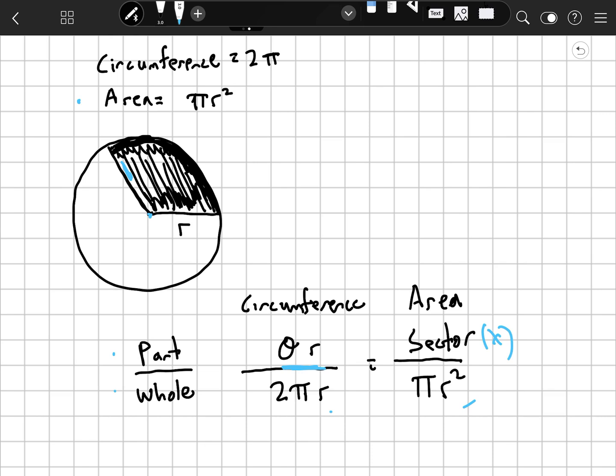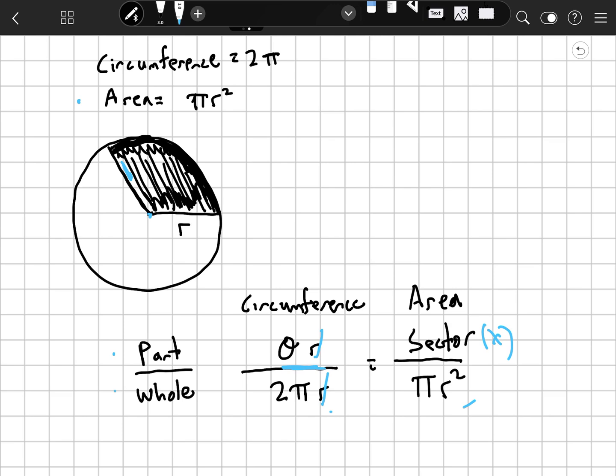That's what we're solving for. Let's look at the circumference again, and we can cancel out the r and the r there. The r is just enlarging or shrinking down the circle, and the main property here is theta over 2 pi gives you a portion, a part to whole, for the circumference.